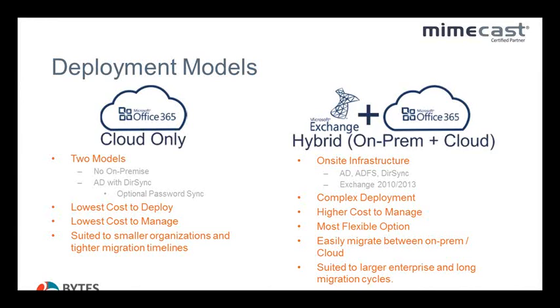The alternative deployment option is a full hybrid coexistence, and that has quite a number of requirements from the customer end and infrastructure, where you'd need to have Exchange in the relevant architecture and versions, so Exchange 2010, 2013. You have to have Active Directory for authentication. You have to have Active Directory Federation Services.